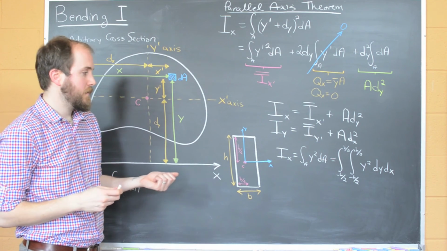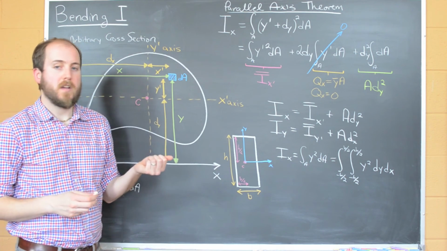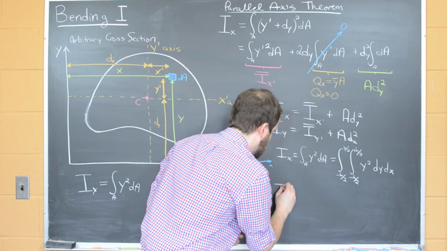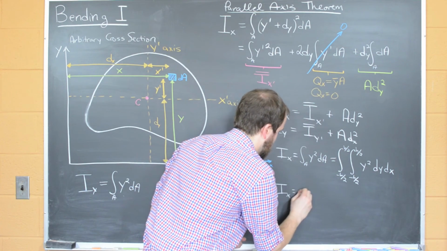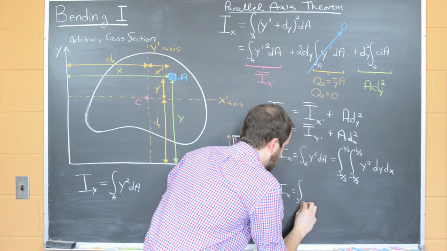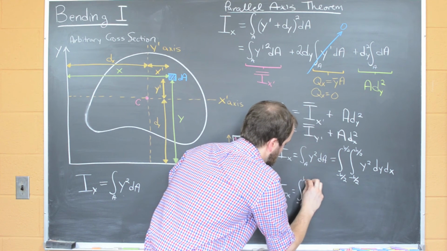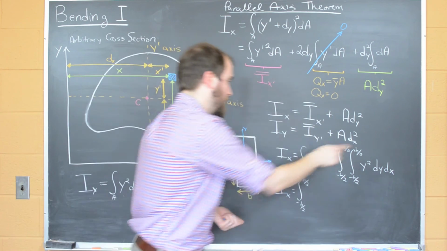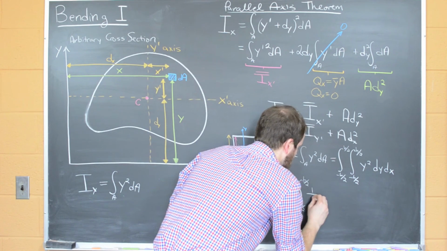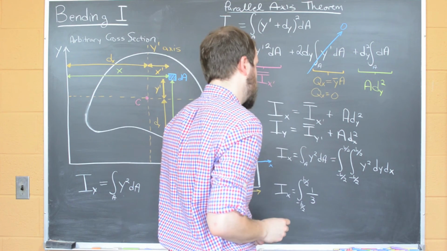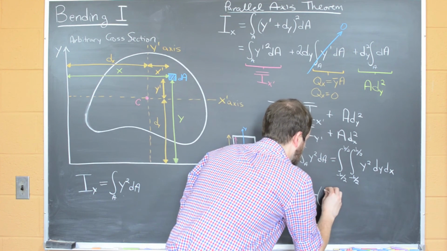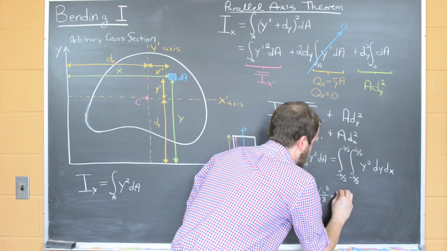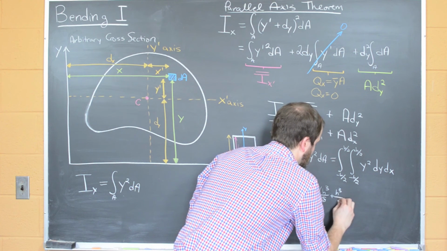And so this is a fairly straightforward integral to evaluate. So we can do the first one. I'll move this down here. And such that we'll still have our integral from negative b over 2 to b over 2. And integrating this first one is going to give us 1/3, and I'll just write it out explicitly, it'll be h cubed over 8 plus h cubed over 8.